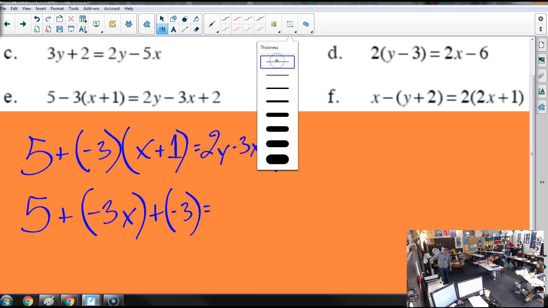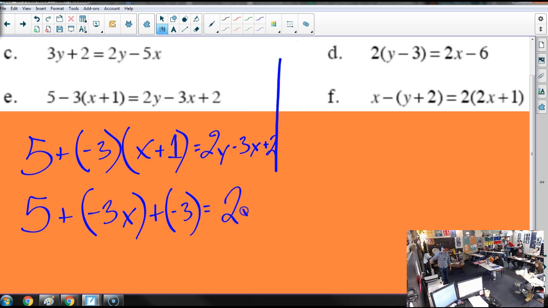Exactly what we had on the right side. Nothing changed over here this step. Now we group like terms, which means the end result would be -3x plus 2 equals 2y minus -3x plus 2.